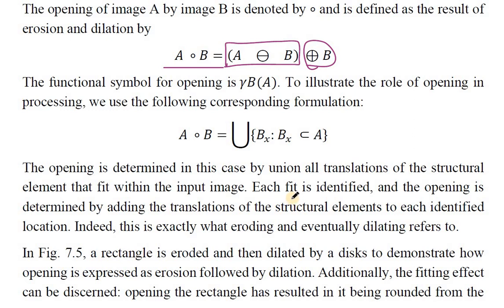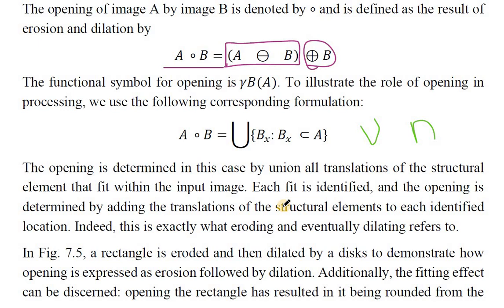Another formula for writing A opening B is a union of, this sign is union. I told you this sign is intersection, this sign is union. Remember your set theory, the same meaning will be used here also for intersection and union. Okay. The opening is determined in this case by the union of all translations of the structural element that fit within the input image.